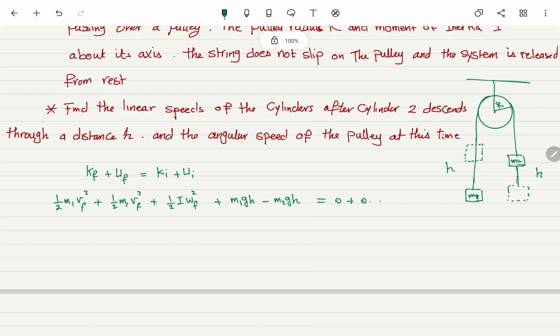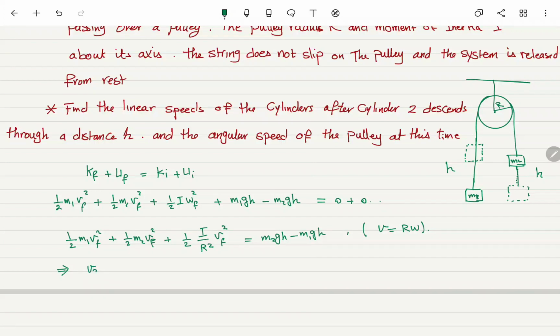Now you simplify this equation here, you will find out that half M1 V final squared plus half M2 V final squared plus half I over R squared V final squared equal to M2gh minus M1gh. In here we used V equal to R omega.